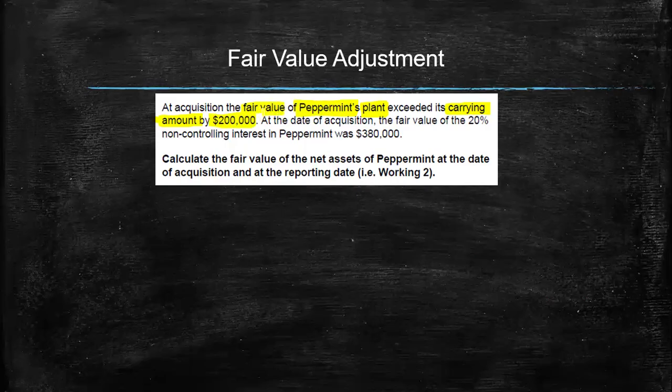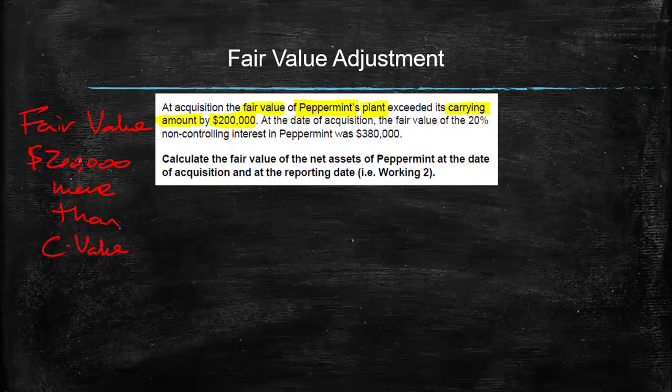So the fair value of this plant is 200,000 more than the carrying value of this plant. Now, in this case, you are supposed to adjust for this extra value of the asset.